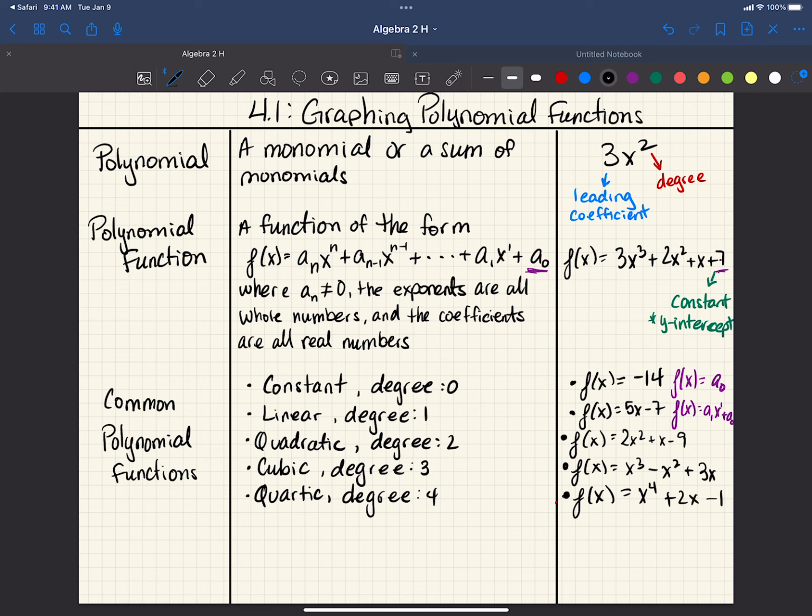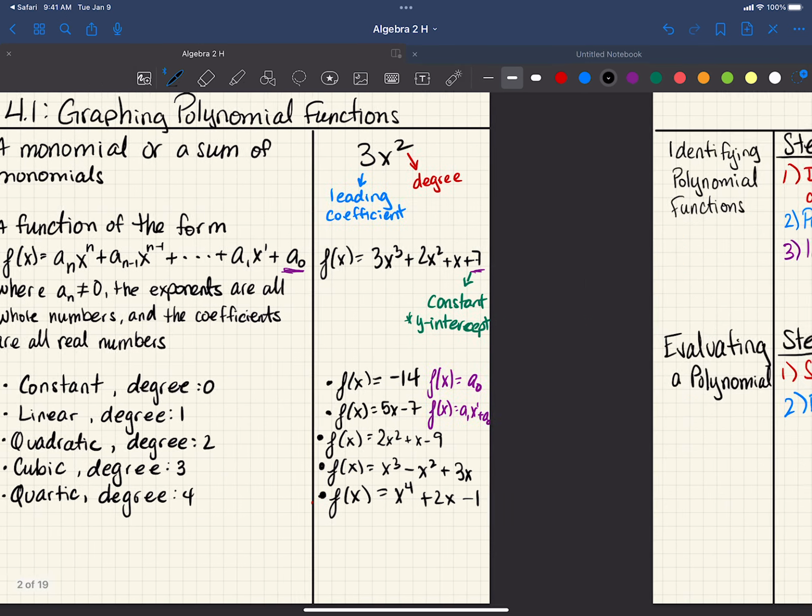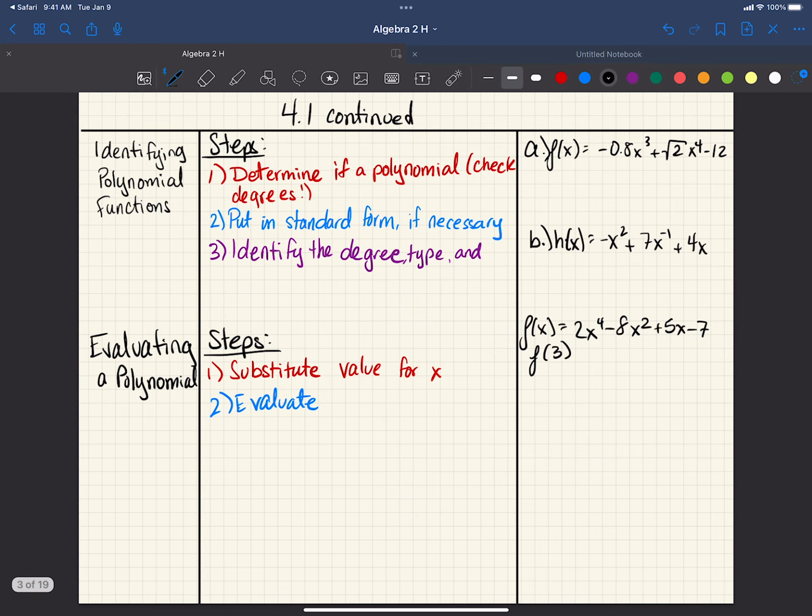Now, as you can see, those are our common polynomial functions. They are not things that should be unfamiliar to us. Cubic and quartic might be the most outrageous ones that you've seen, but still, we won't really go past quartic when it comes to graphing, but you'll notice a specific pattern as we continue.